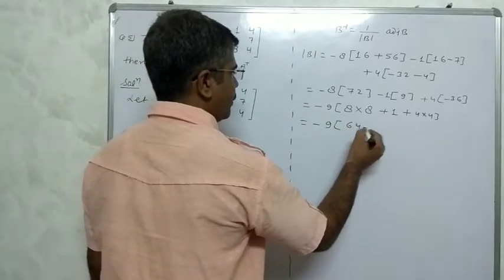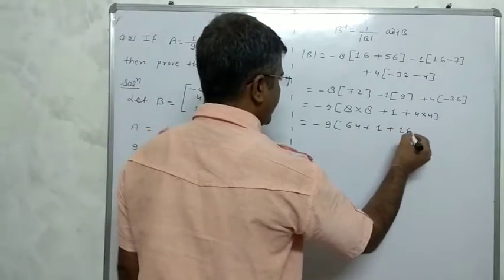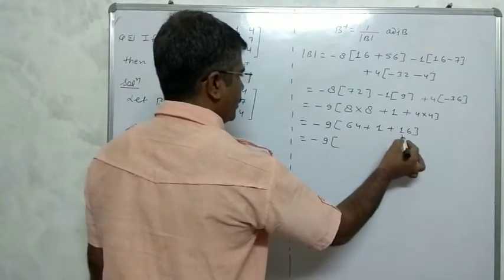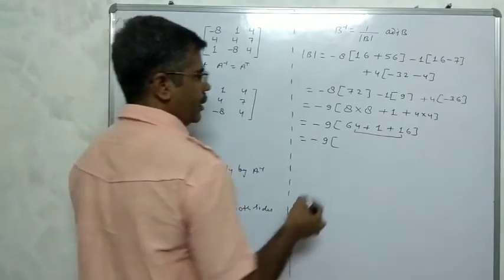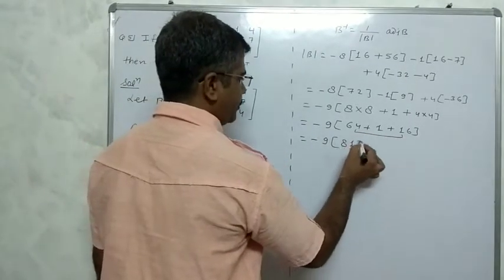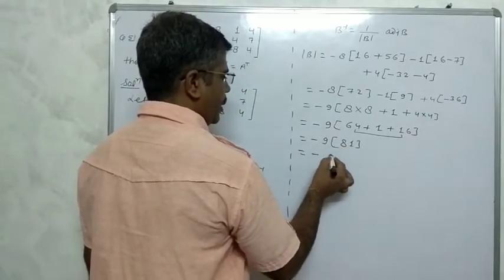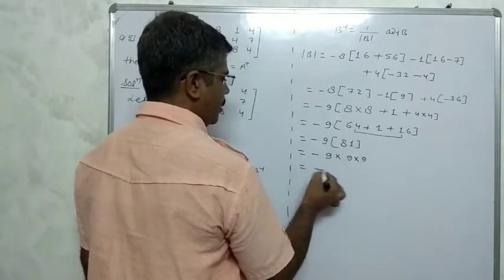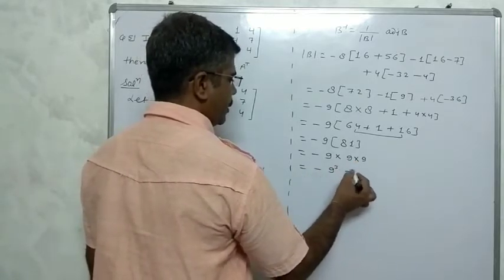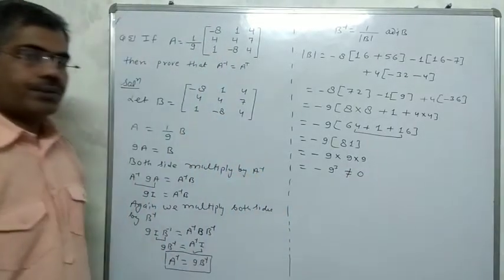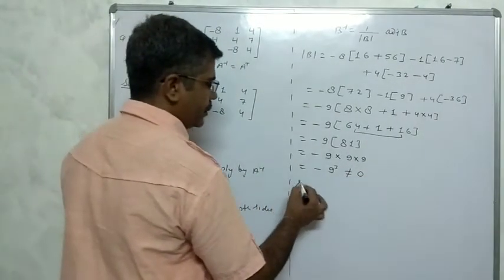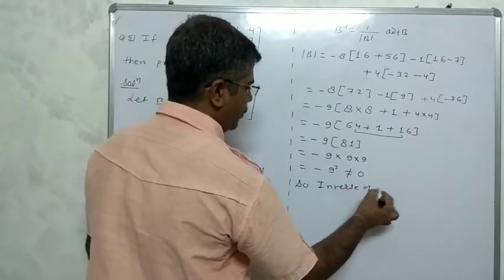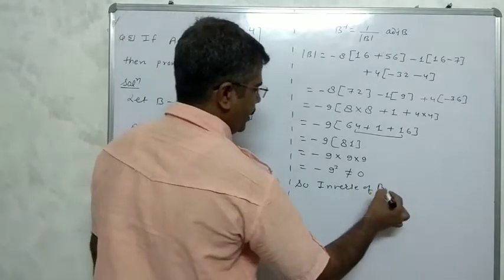Minus 9 into 64 plus 1 plus 16, minus 9 into 80 plus 1, 81. We write in form of 9 into 9 into 9, 9 to the power 3. 9 to the power 3 not equals to 0. We say that inverse of B exists.